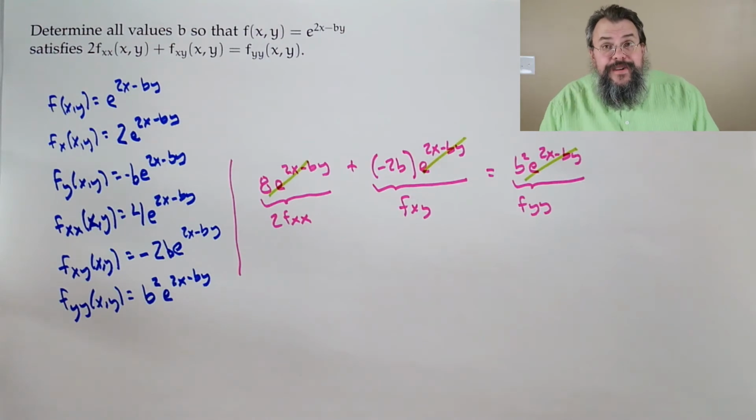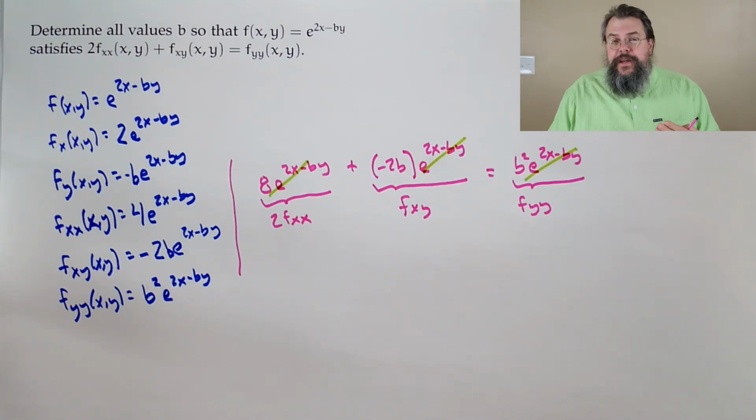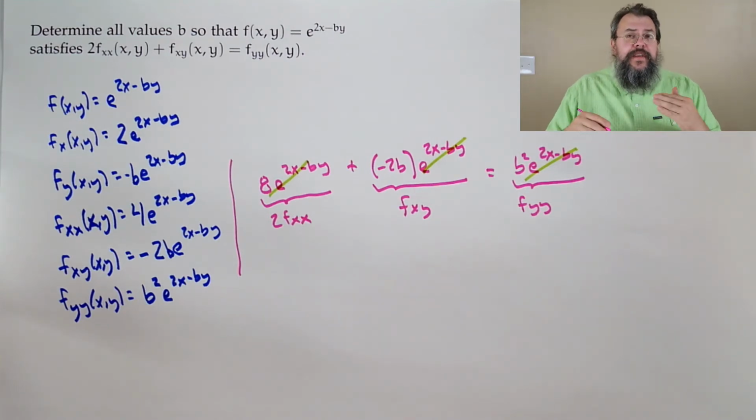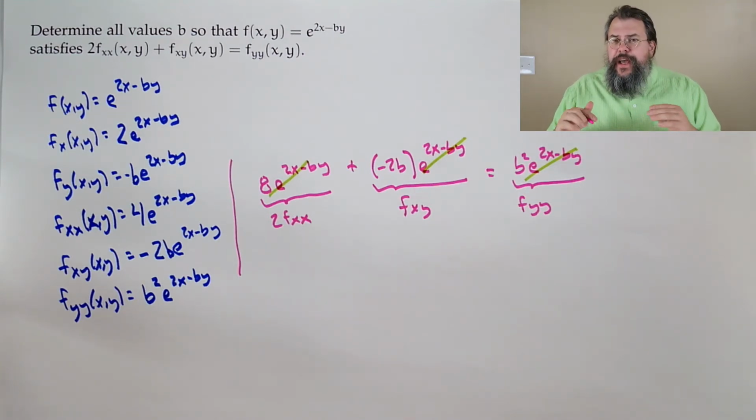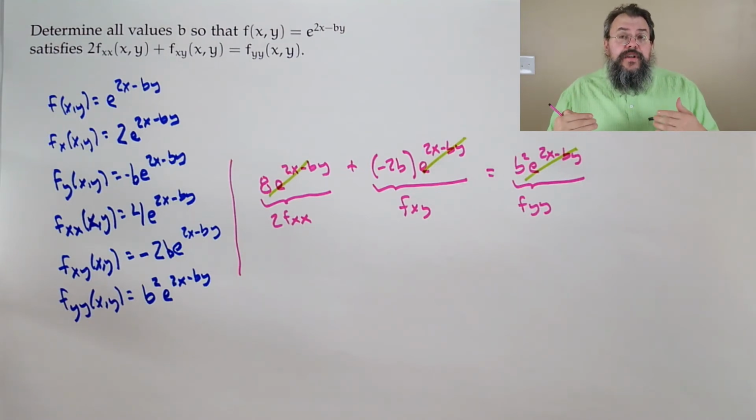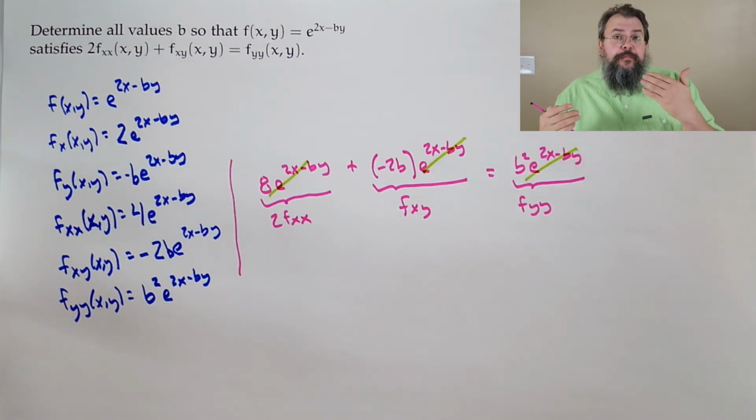Why should we have been nervous? Well, whenever you're canceling, you always have to be a little bit nervous because you have to ask yourself the question, am I canceling a 0? If the thing I'm canceling could potentially be 0, I have the potential that I've lost a solution.